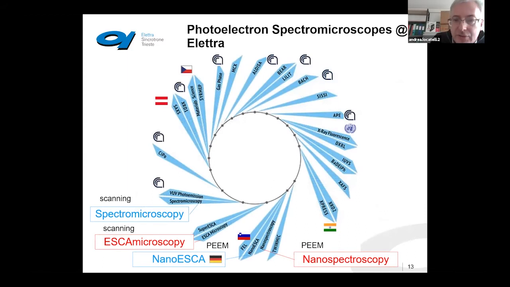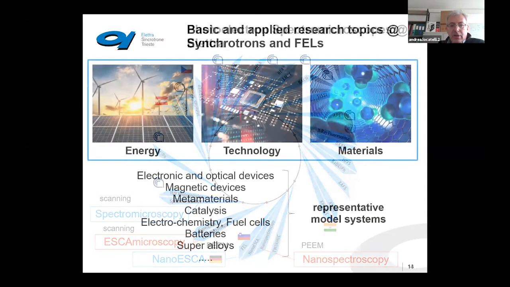At Elettra, we also have spectral microscopes. There is one spectral microscopy beamline, which is dedicated to ARPES. SpectroMicroscopy is instead dedicated to, I would say, chemical imaging. Nano-ESCA is a PEEM, which very often performs ARPES experiments and then nanospectroscopy.